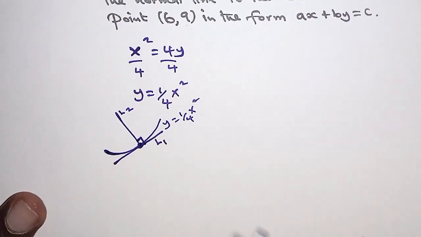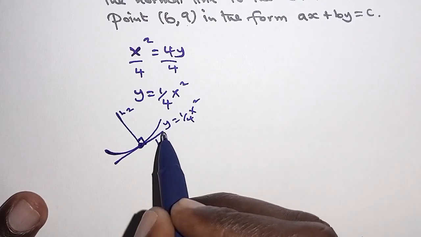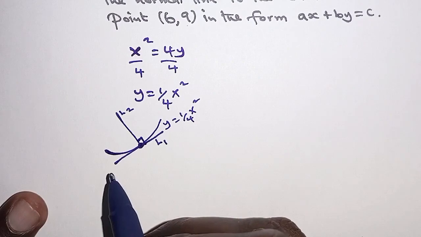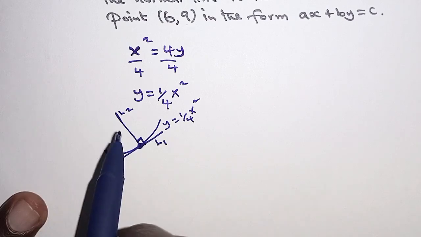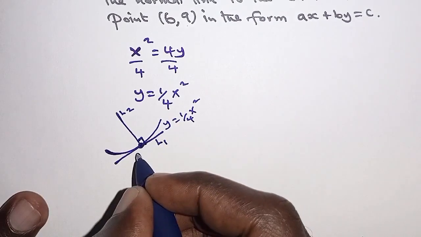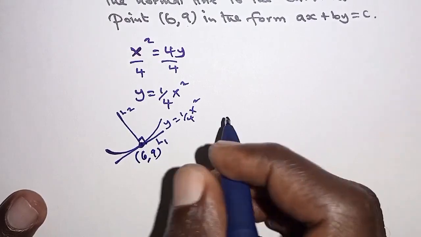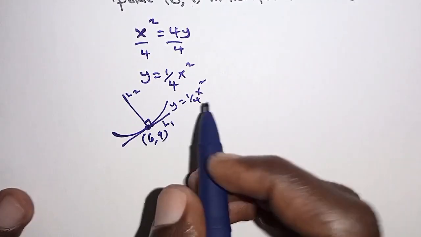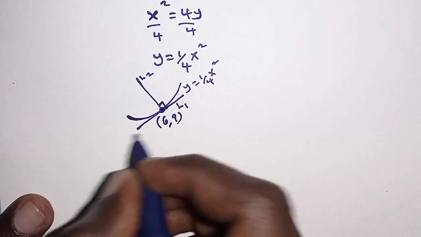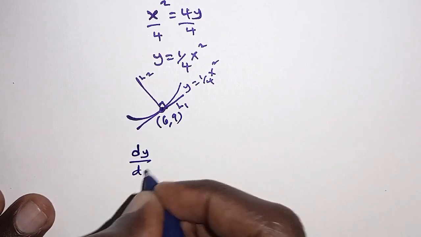So the first step, we will be required to determine the gradient of line 1, that is the tangent line, and then use the gradient of line 1 to determine the gradient of the normal line. Remember, the tangent point we are given as (6, 9). So in order to determine the gradient of the tangent line, we begin by getting the gradient function of the curve, that is dy/dx.